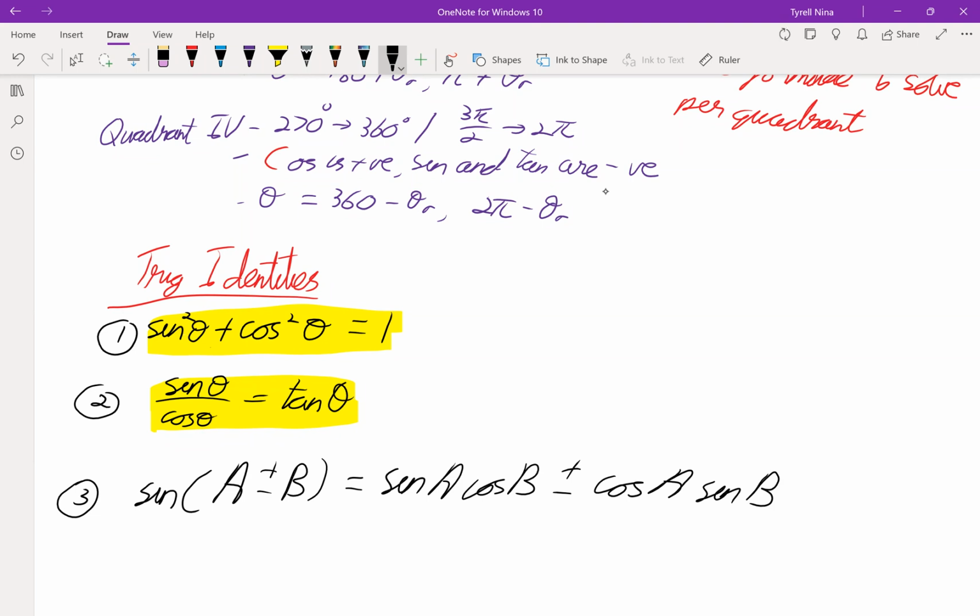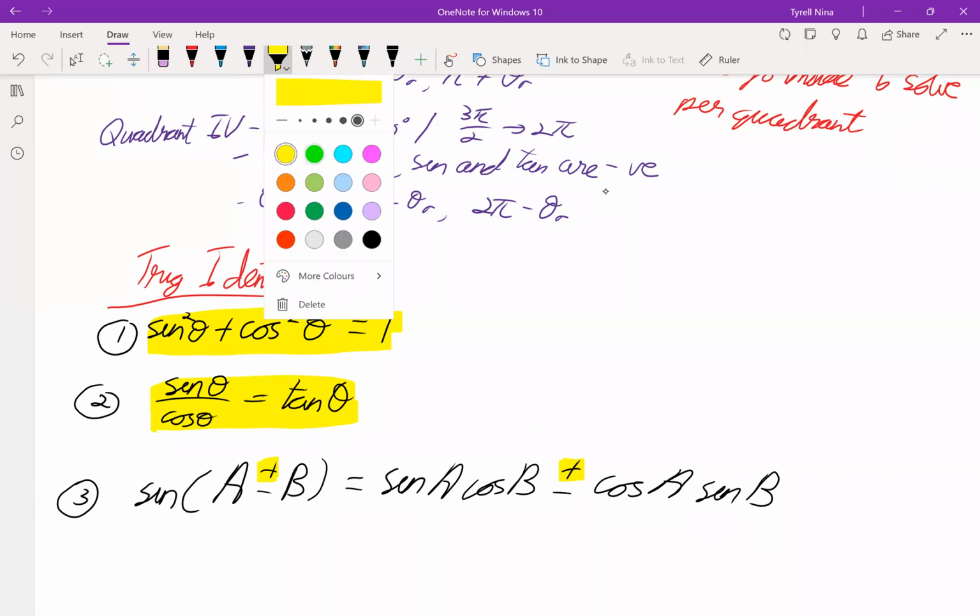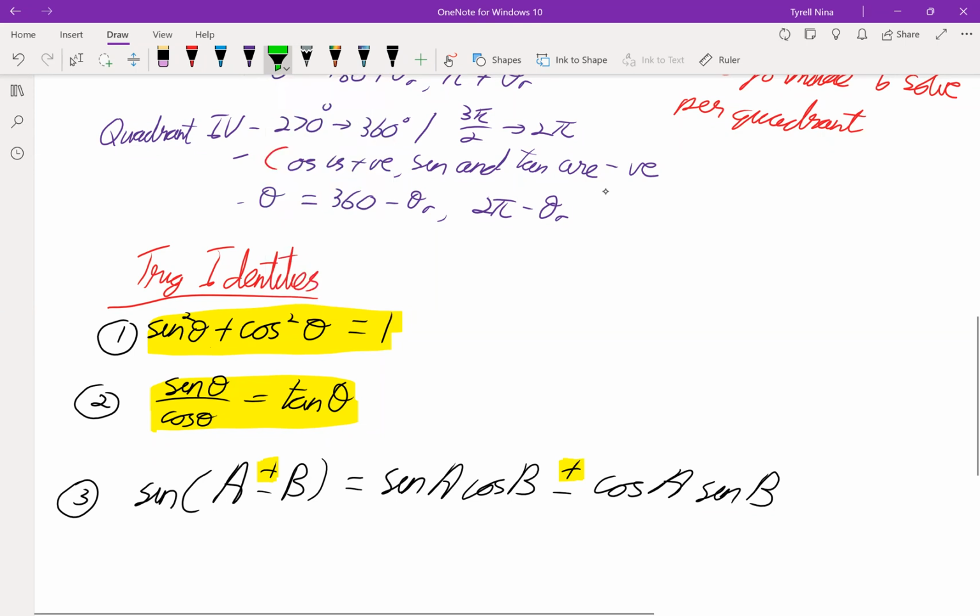And sir, I have a question about it. Let's say for example, sine of A plus B, isn't it then sine A cos B minus cos A sine B, or is it both plus? So what happens? Very good question, right? So when they give it in the exam, you don't know what to do. The sign on top here matches with this sign here. Likewise, the sign below here matches with the sign below here.